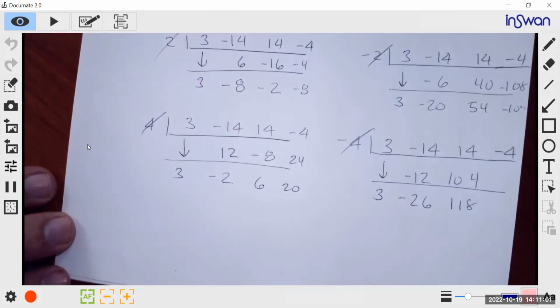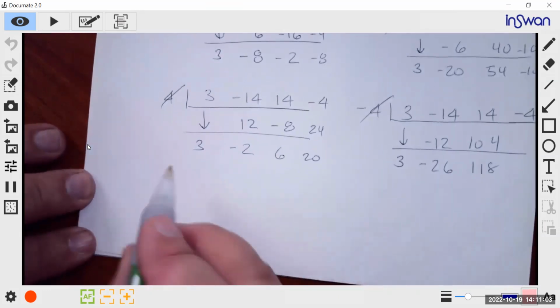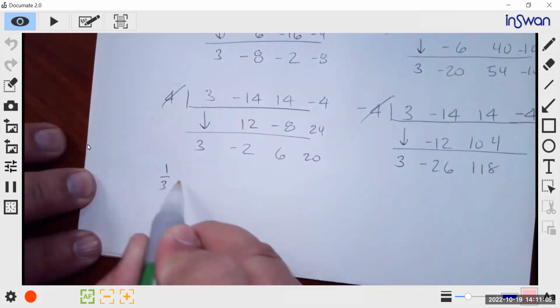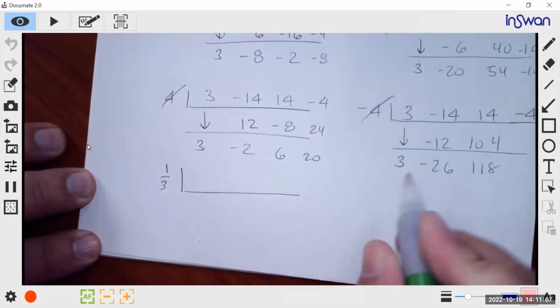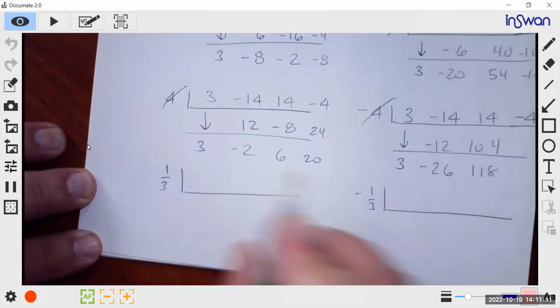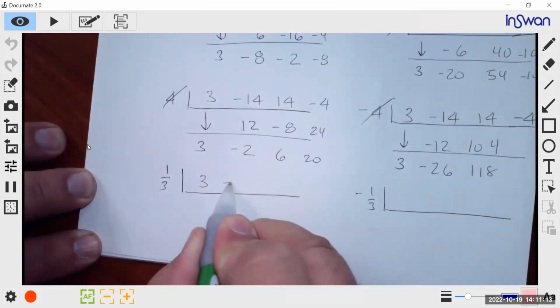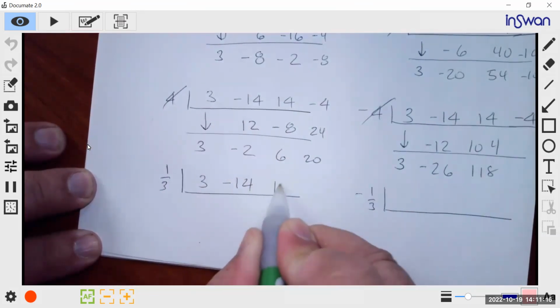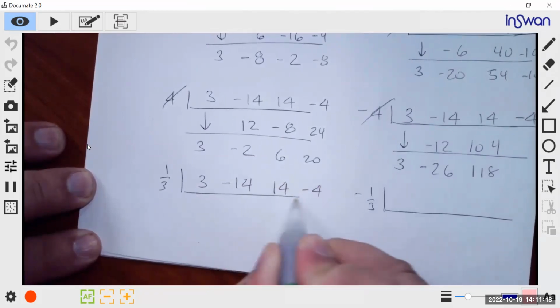Now we've got to do the fractions. 1/3. Negative 1/3. 3, negative 14, 14, negative 4.